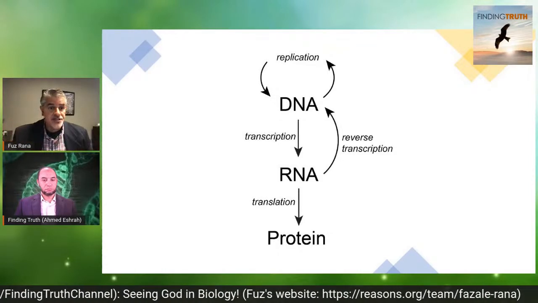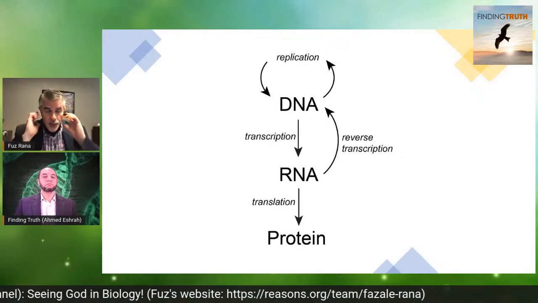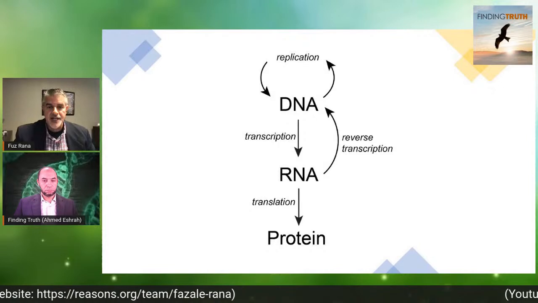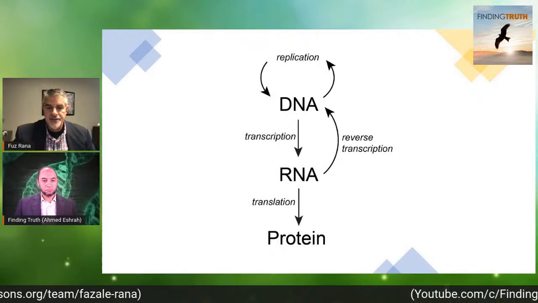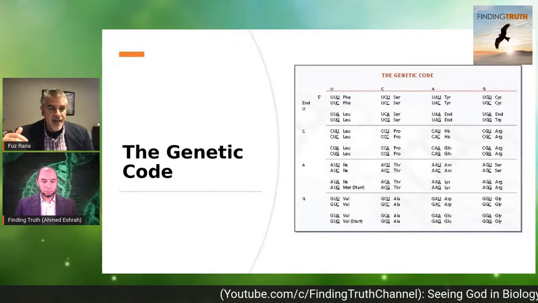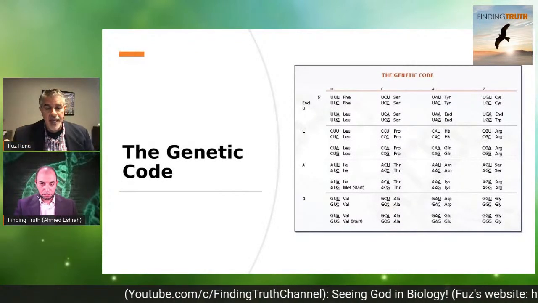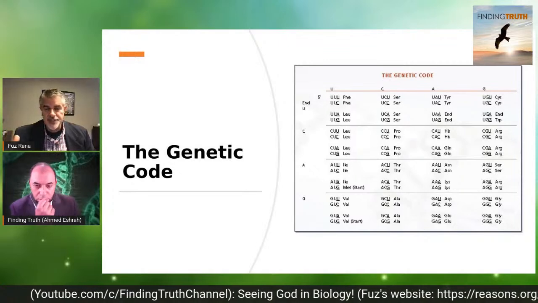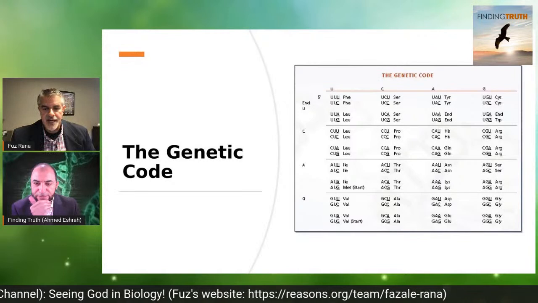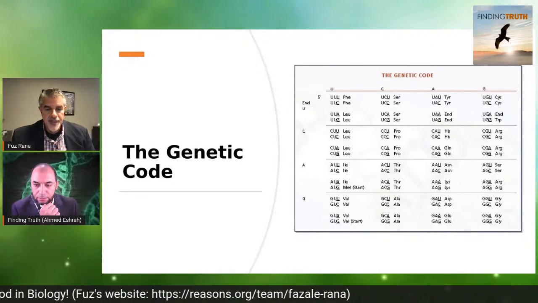That, in effect, is the genetic code, which ultimately consists of a set of rules that relate the information in DNA and RNA to the information in proteins.